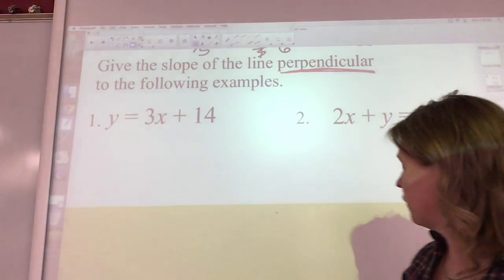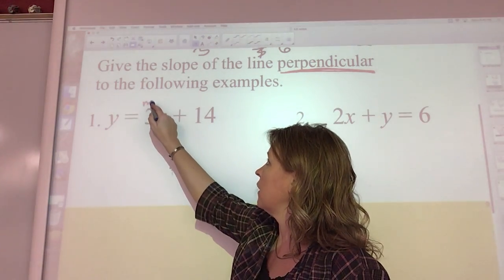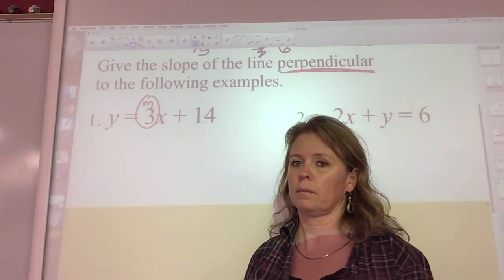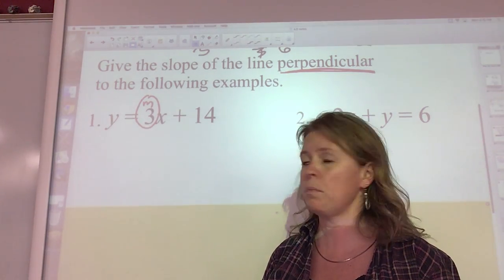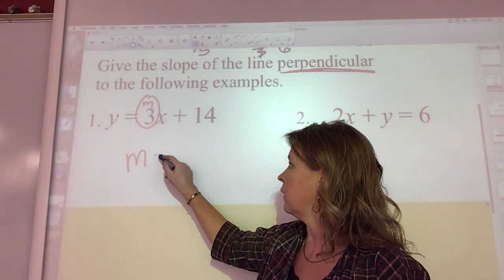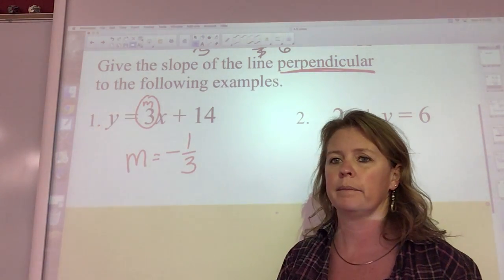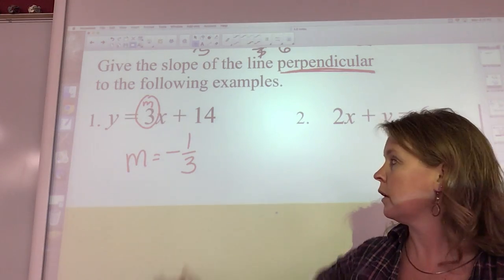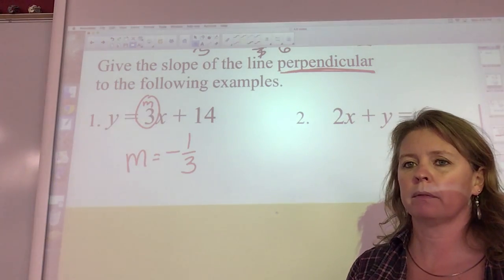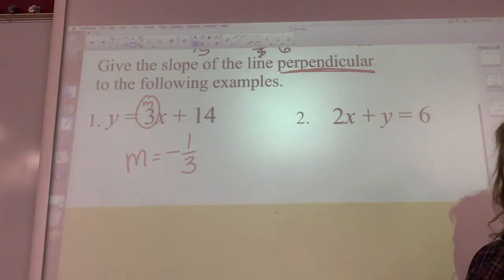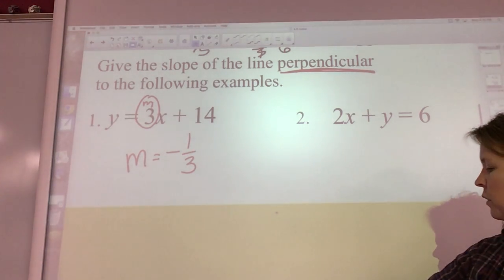Write it down. So if I know that my slope right here is 3, my new slope is the opposite reciprocal, negative 1/3. And you don't need to write a whole line, it just said give the slope. Careful here, no, your slope is not 2.